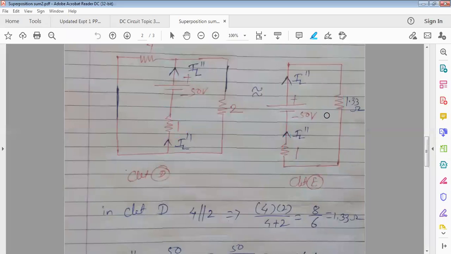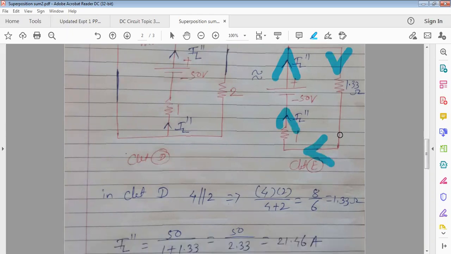Here we wanted to find the current flowing through the 1 ohm only. It's very simple. How are 1 and 1.33 connected? In series, because the same current is flowing. Once current starts from the positive terminal of the battery, it flows through 1.33 and the same current flows through 1 ohm also, so both are connected in series.